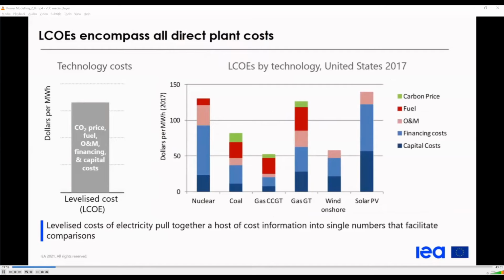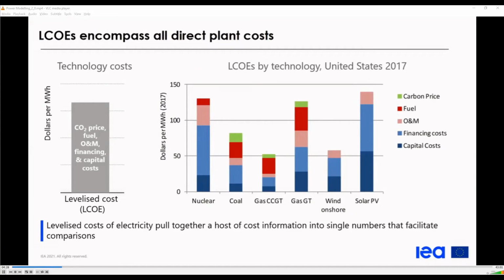Typically, low carbon technologies such as nuclear, wind, and solar PV have a high fixed cost and very low variable cost. On the other hand, gas, and to a lesser extent coal, are the opposite. They have high variable cost, and relatively lower capital cost than low carbon technologies.